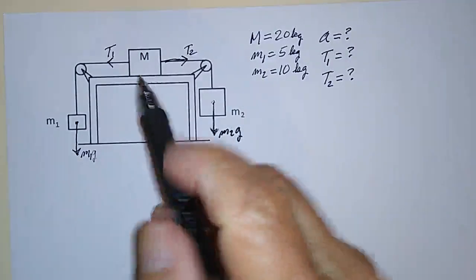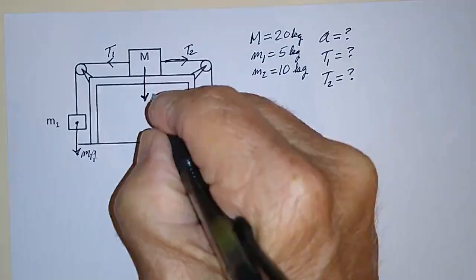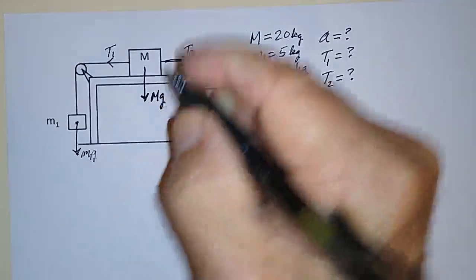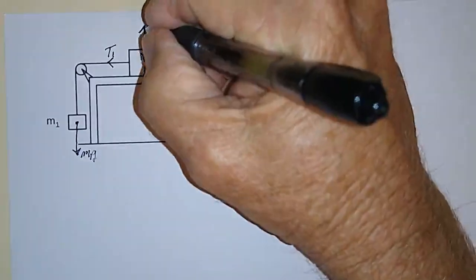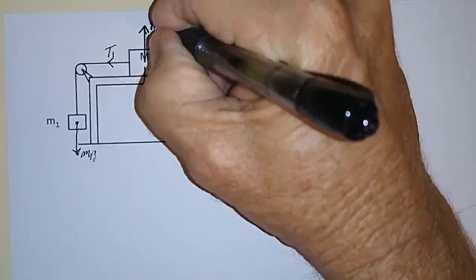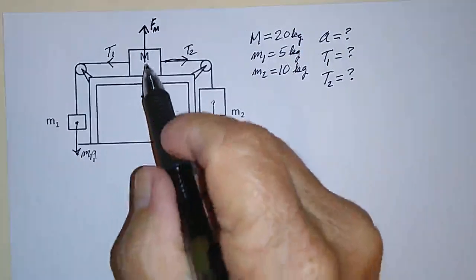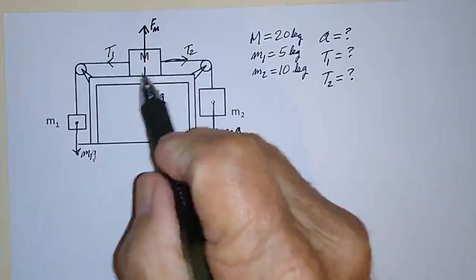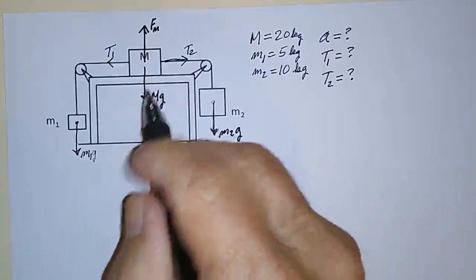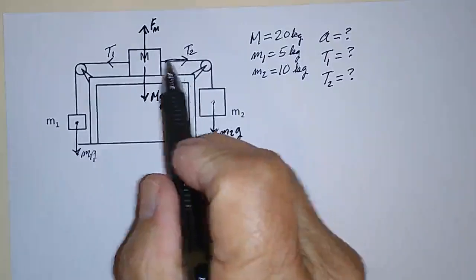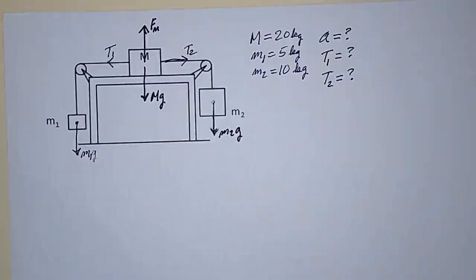Forces acting on big M: there's a gravitational force, big Mg, and the normal force due to the table, though it's irrelevant because there's no friction. The mass is not accelerating or moving in this dimension at all. It's just that T2 is bigger than T1, so the whole thing accelerates to the right.